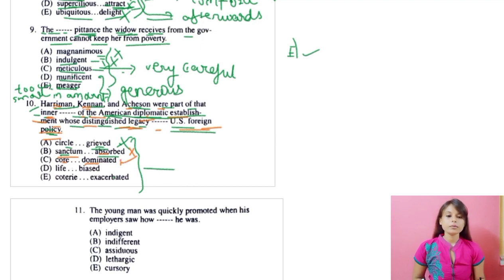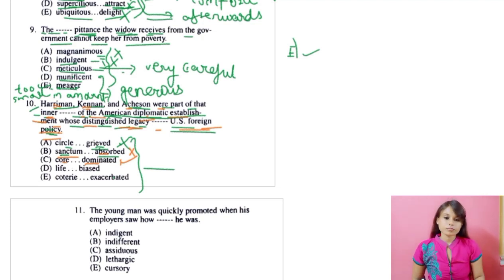So these three men were a part of the inner core, the main team of the American diplomatic establishment whose distinguished legacy, legacy means something which is coming from ages after ages. It will pass from one generation to the other generation, and it's a distinguished, very different legacy.